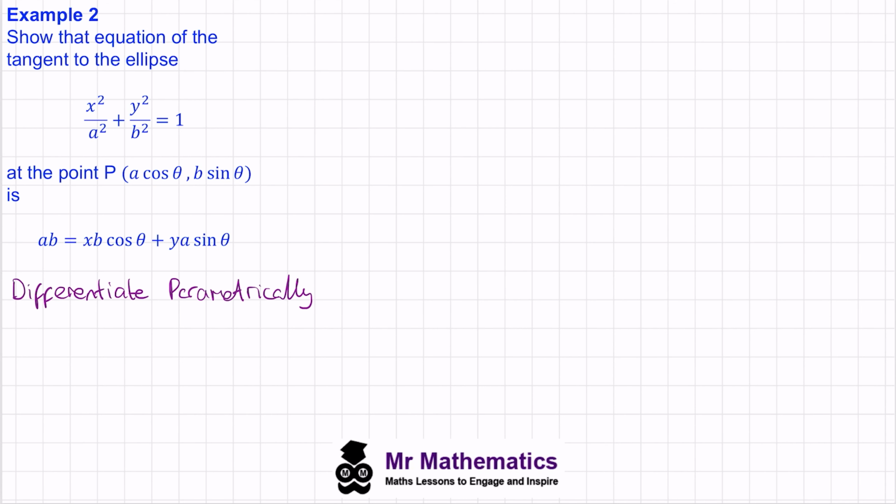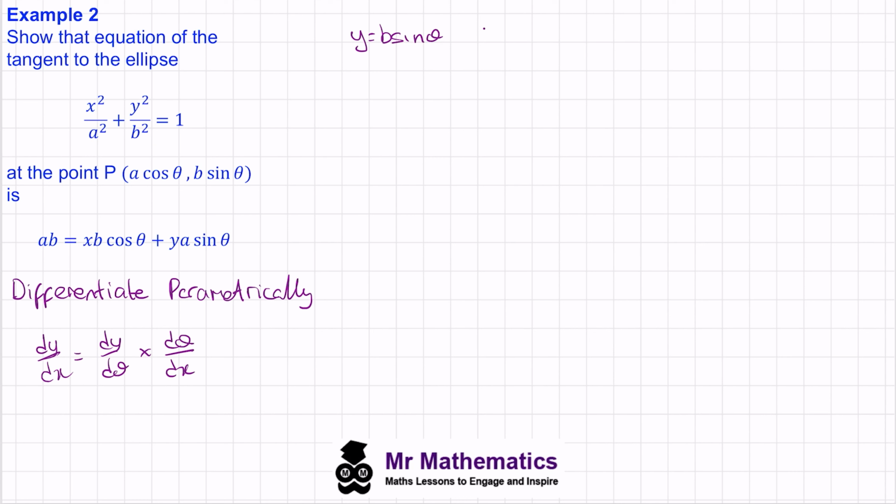So to differentiate parametrically using the chain rule, we know that dy by dx is equal to dy by d theta multiplied by d theta by dx. Because what will happen is that these d thetas will cancel and we're left with dy by dx. So to work out dy by d theta, we know that y is equal to b sine theta.